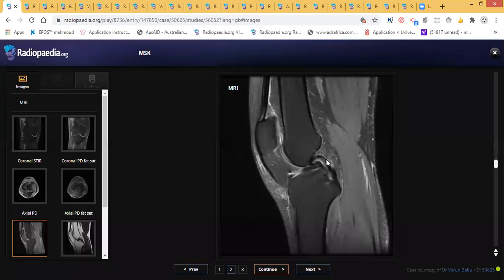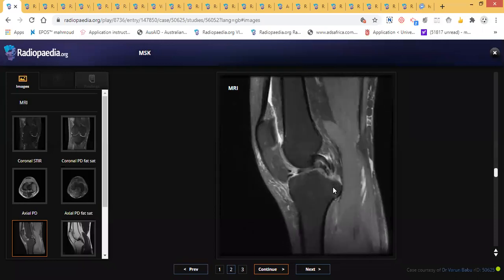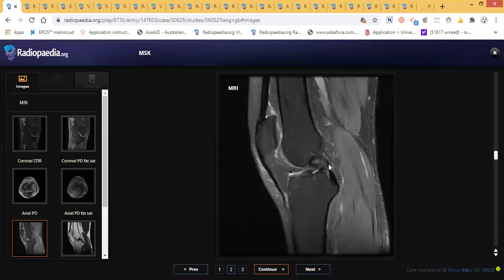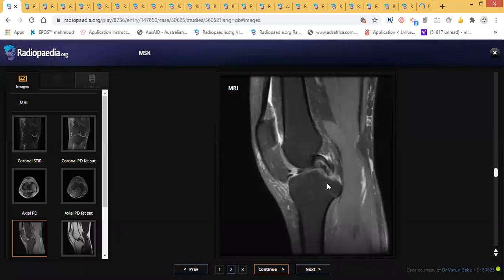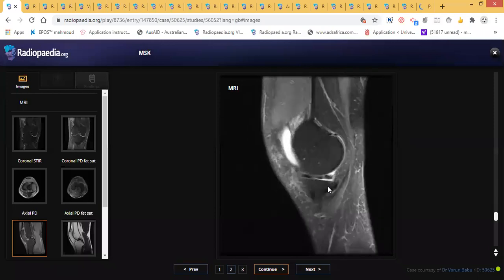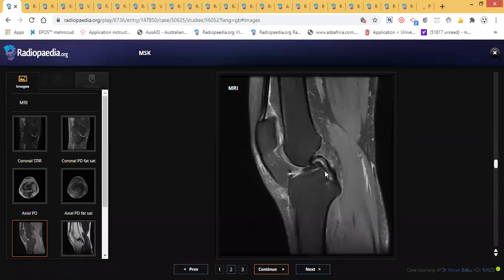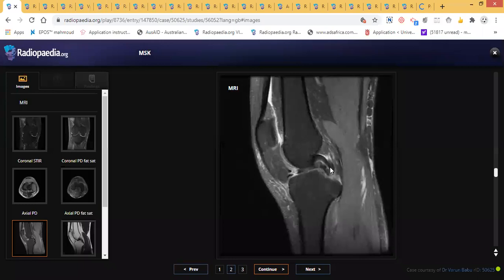So if we consider this one, the ACL, sorry, this is the posterior cruciate ligament, and we are trying to figure out where exactly. So this is the double PCL sign, where you find this one and you find this one. To be honest, you should know it from the coronal.